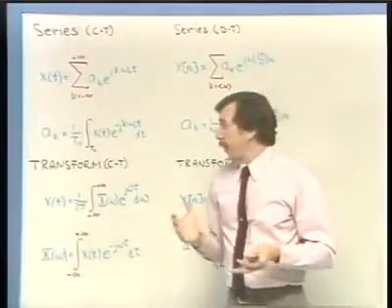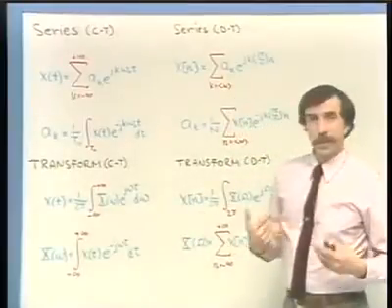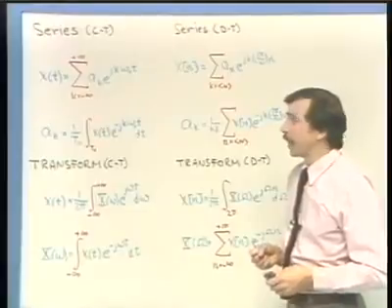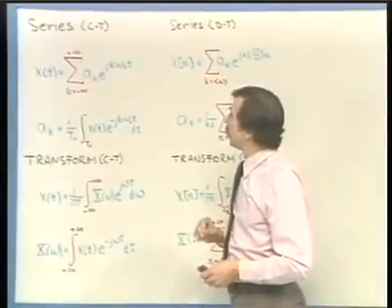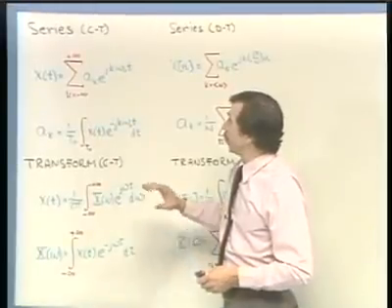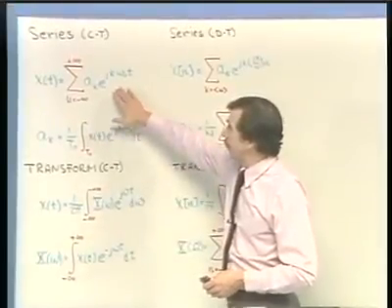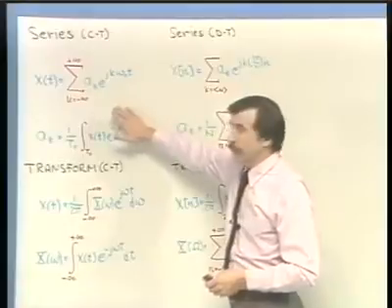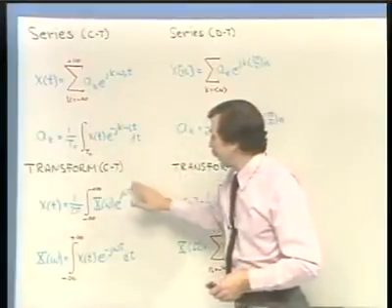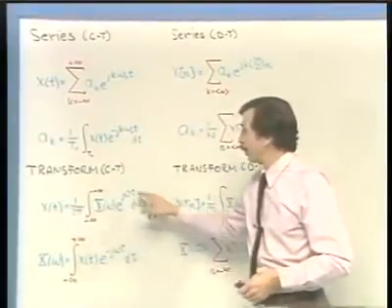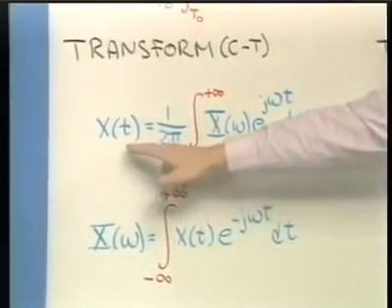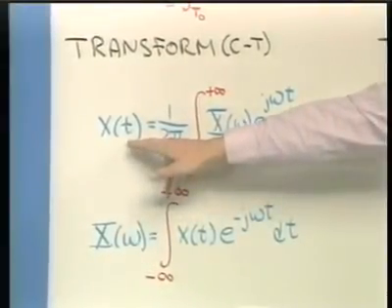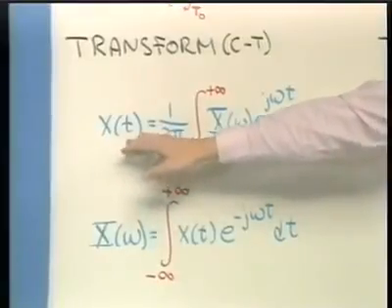We had then generalized that to the continuous time Fourier transform, and in doing that, the synthesis equation in the Fourier series became an integral relationship in the Fourier transform, and we now have a continuous time function which is no longer periodic.